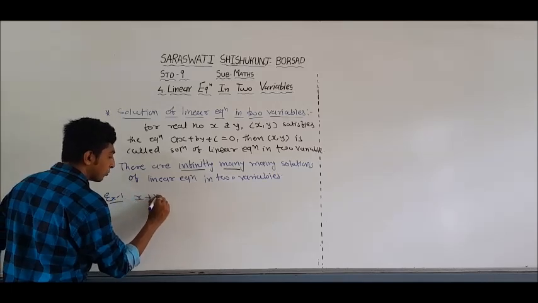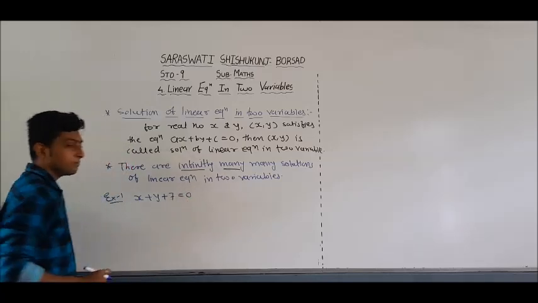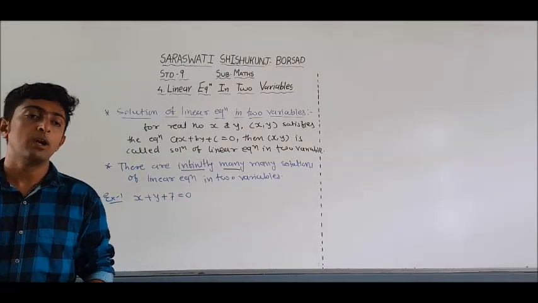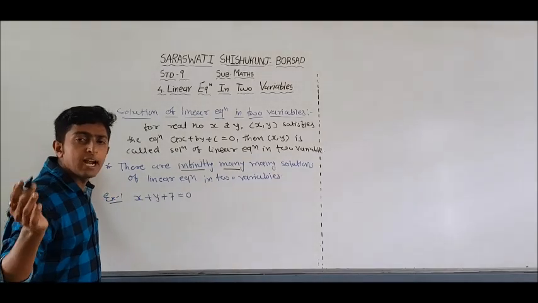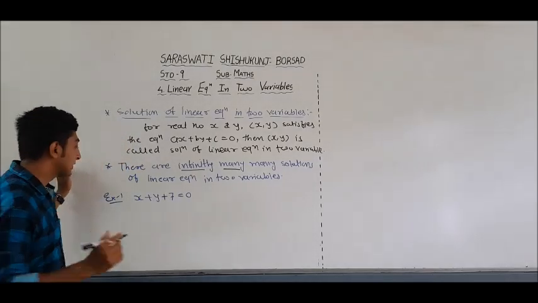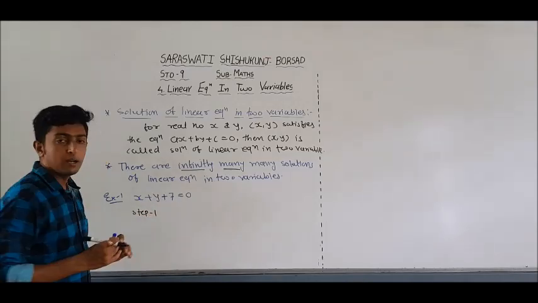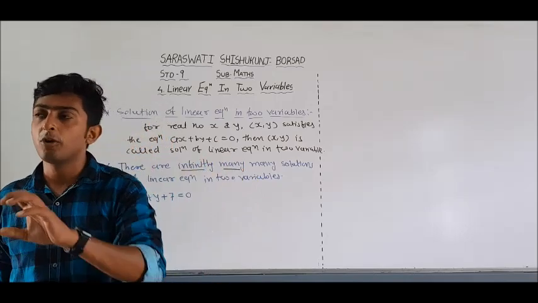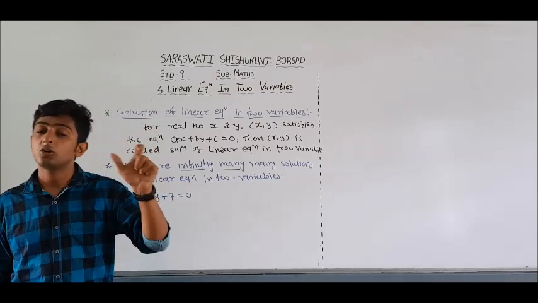First example is x plus y plus 7 equal to 0. We have already discussed the steps for how to find the solution of a linear equation in two variables. Step 1 is, first of all, if your equation is not in standard form, you have to convert it to the standard form of linear equation in two variables.